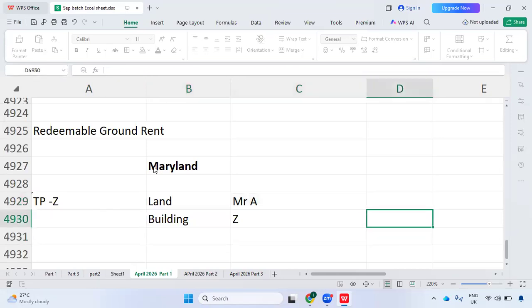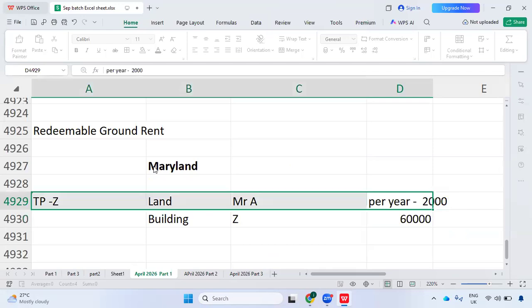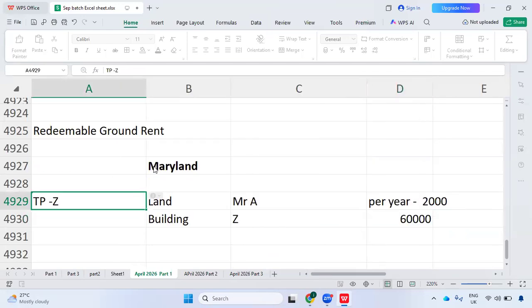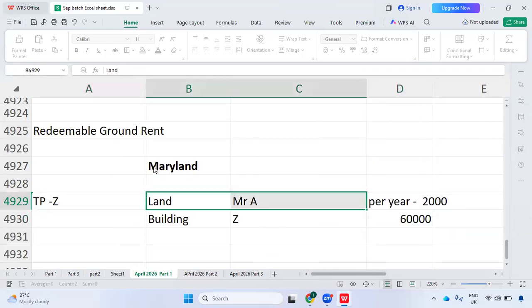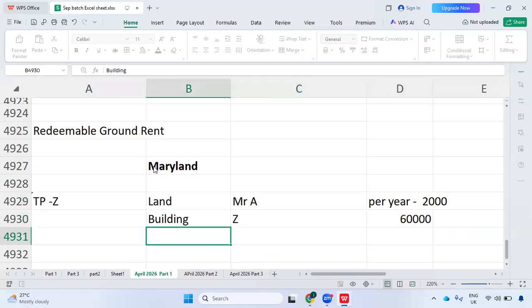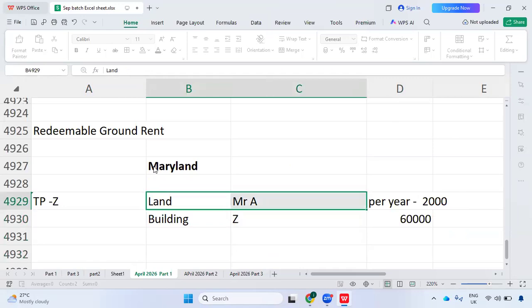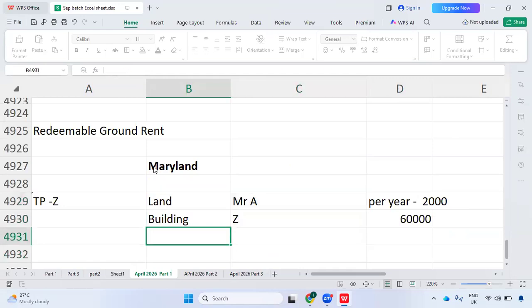Let's say the building value is $60,000, and every year the taxpayer is paying around $2,000. Instead of paying the ground rent every year, the taxpayer can pay a lump sum to the landowner. Whatever is paid to redeem the ground rent will be added to the basis.